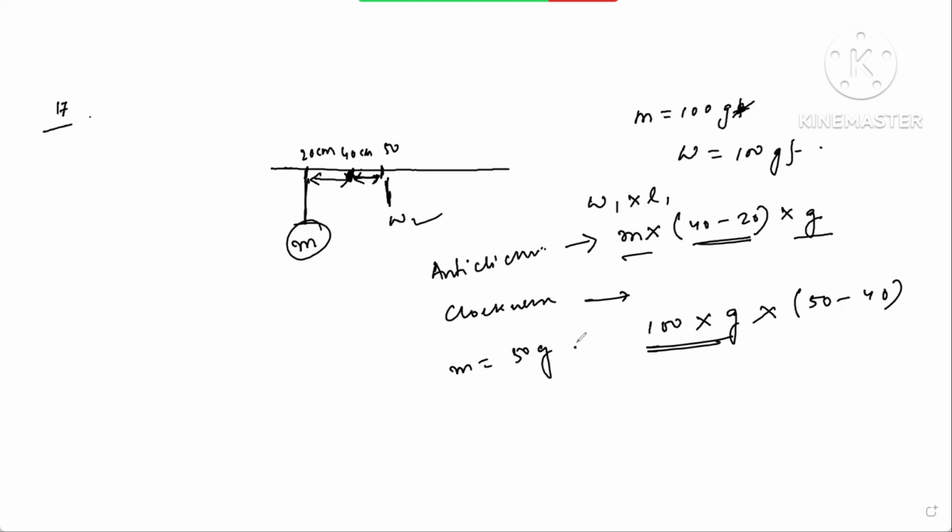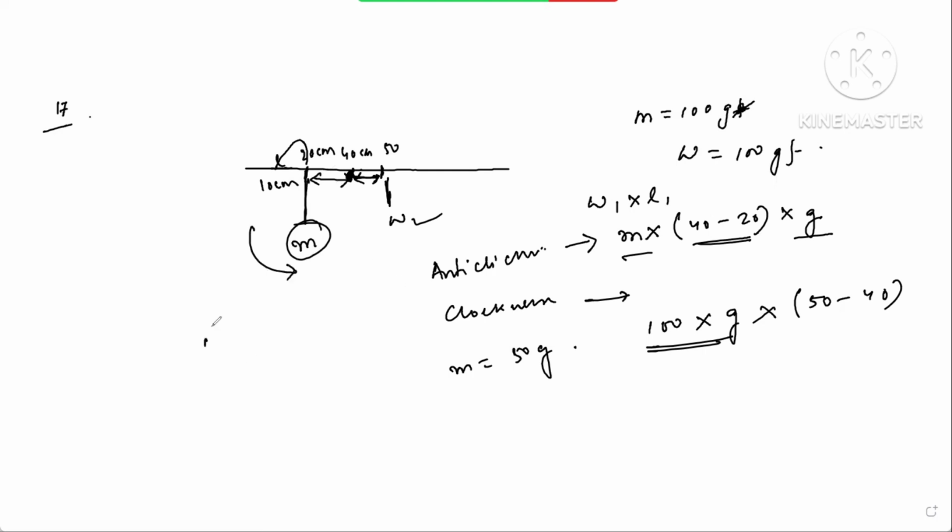Now if the mass m is moved to the 10 centimeter mark, then to which side will the rule tilt? If the mass is moved to the 10 centimeter mark, the rule will tilt anti-clockwise.